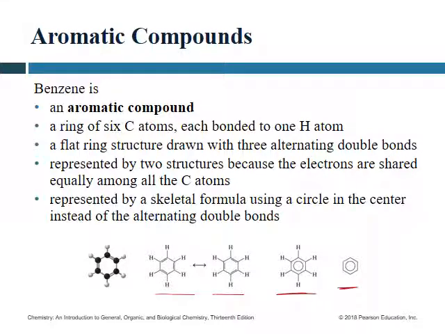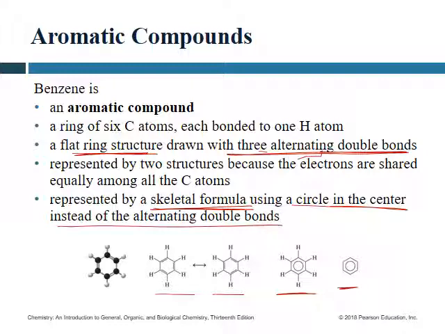It is a flat ring structure which is drawn with 3 alternating double bonds. It can be represented by a single skeletal formula using a circle in the center instead of continuously drawing these alternating double bonds. So people use this as well as a representation for benzene.